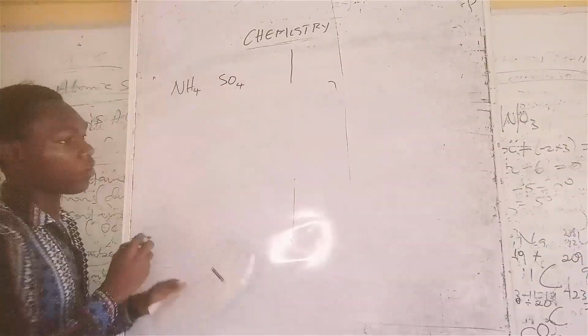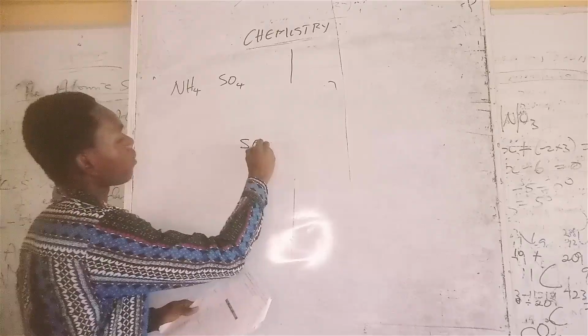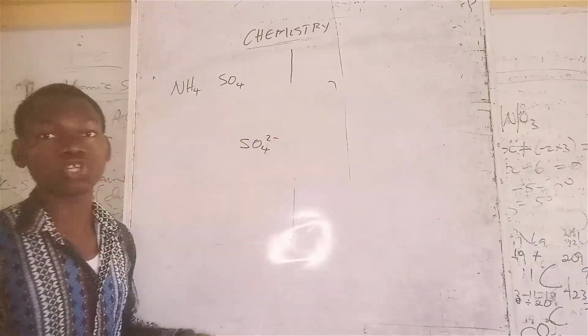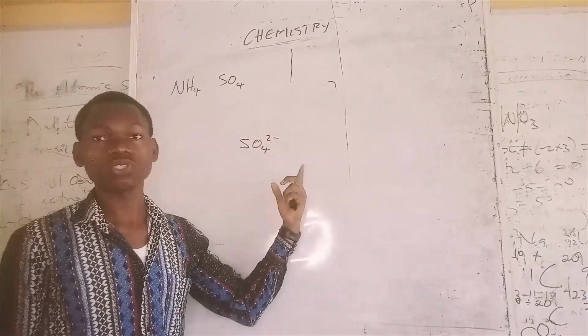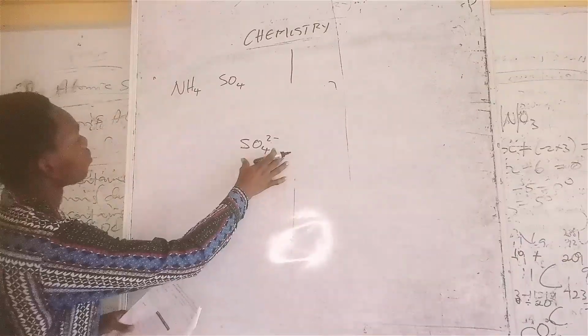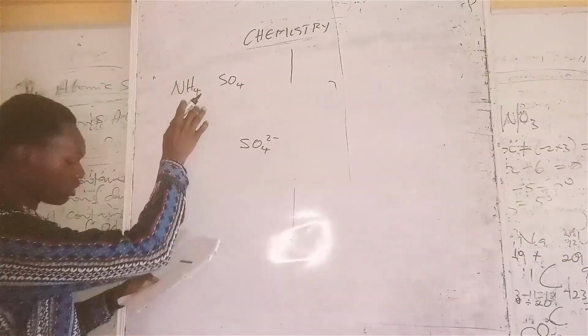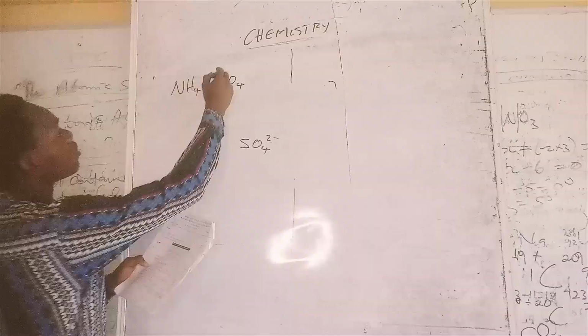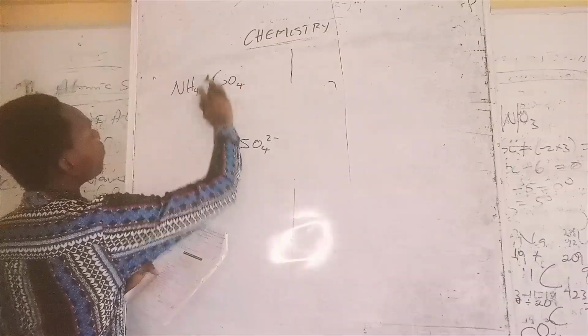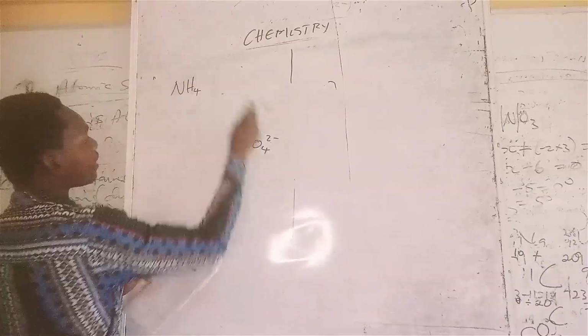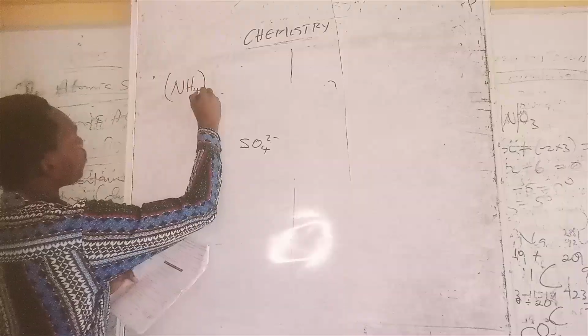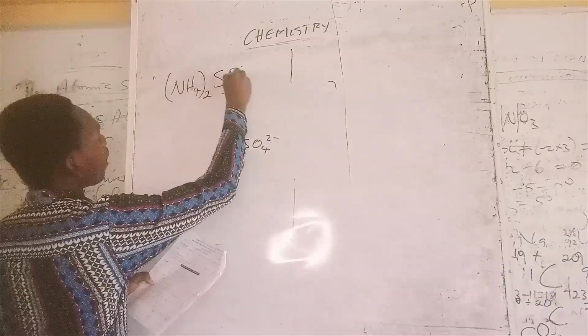Now we also know that SO4 has an oxidation number of -2, and ammonium has an oxidation number of +1. If we cross multiply them, the 2 will go to the ammonium and SO4.